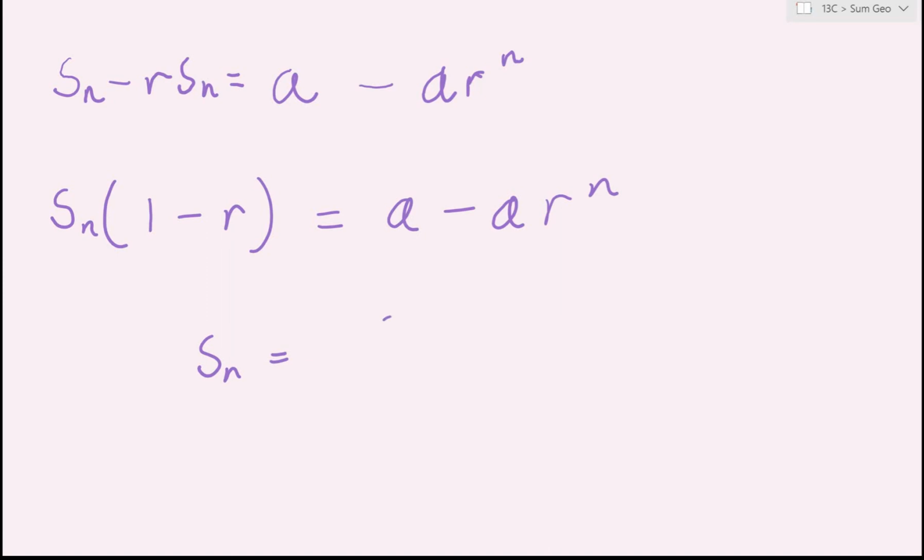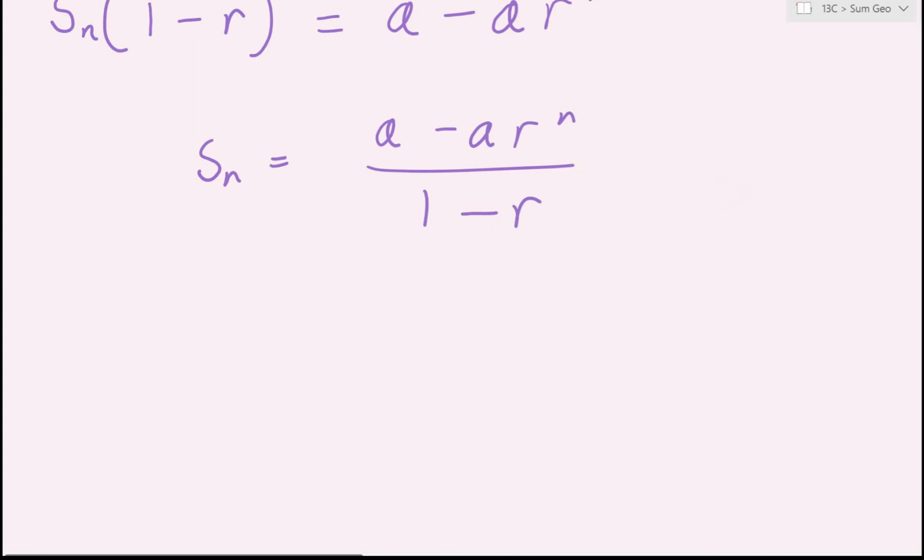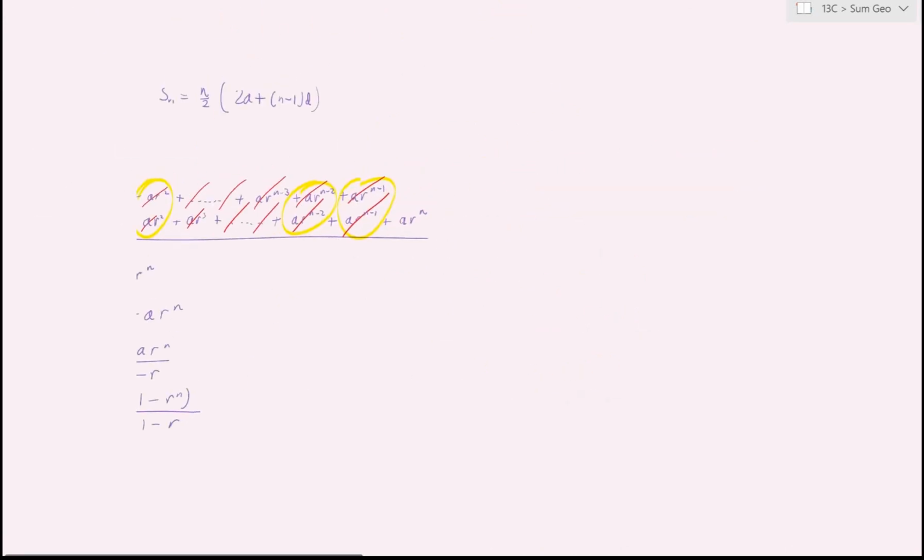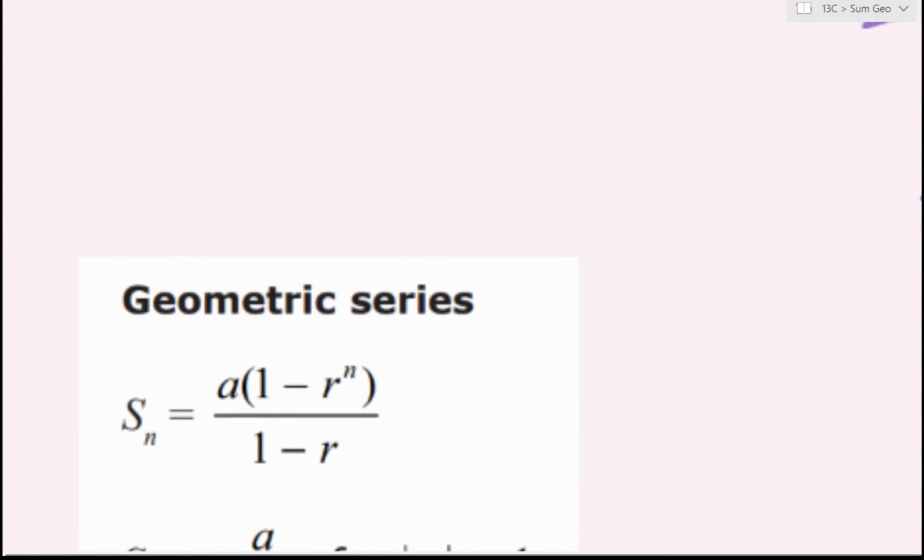I then just divide by the 1 minus r, and we are done. In the formula booklet, they take out a factor of a, so it looks like that. This is a fair bit harder just because it's not quite as obvious what we're doing or where this comes from. But for the most part, you're given this formula in the booklet and you're just asked to use it.